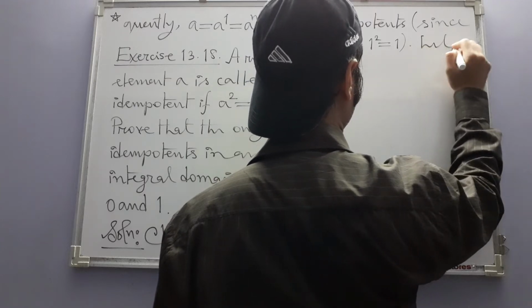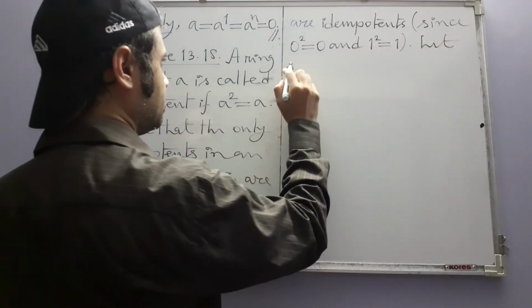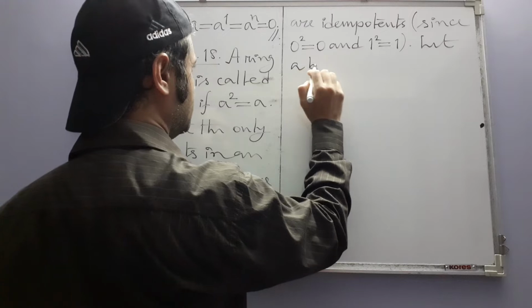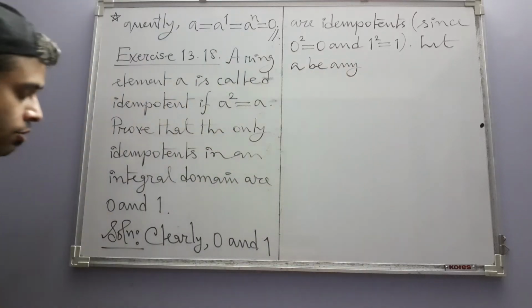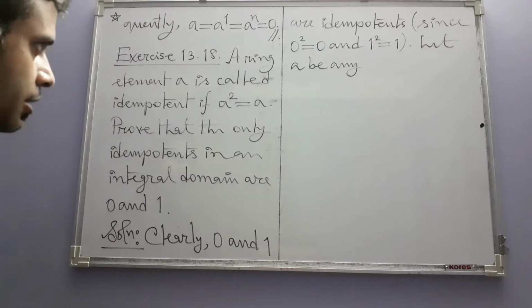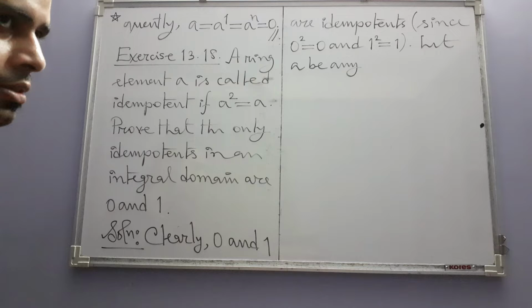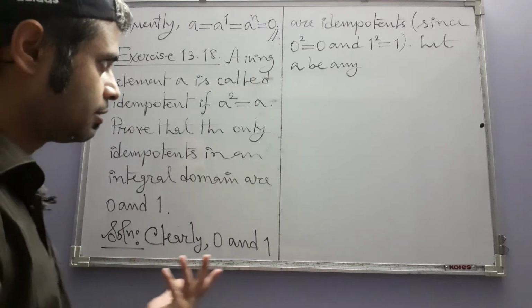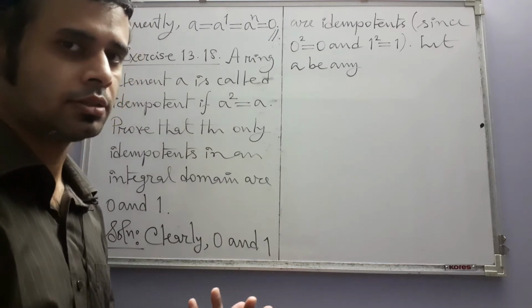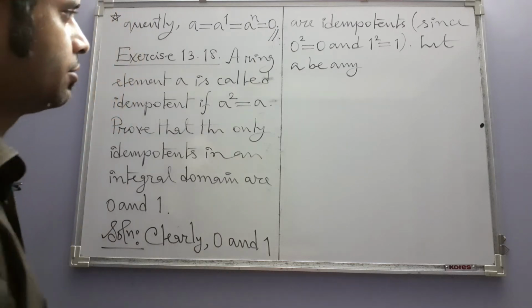Now let A be any idempotent. We did not even mention that we are in an integral domain, but let's just assume that that is there in the background. Okay, that assumption that whatever we are writing in this solution, we are doing it in an integral domain.